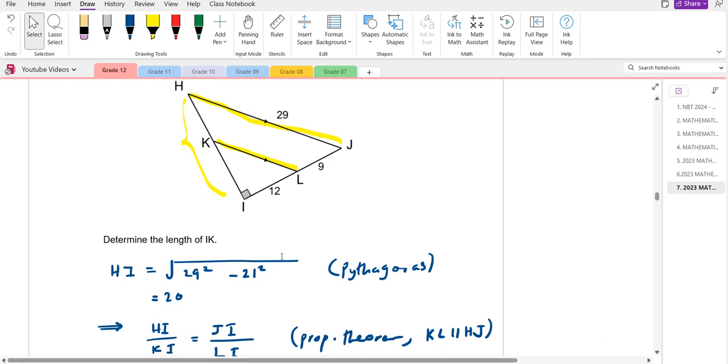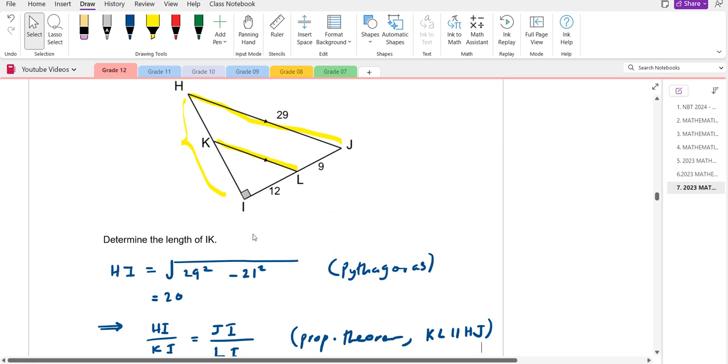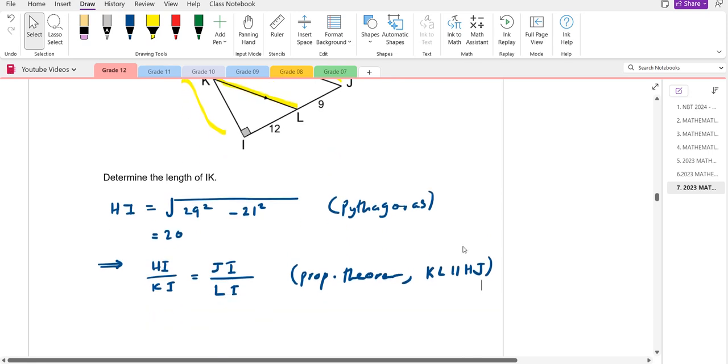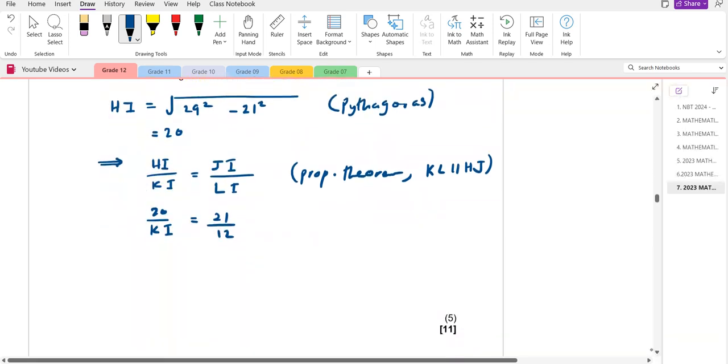Now we have all the quantities. We can just solve for KI. Right, so HI is 20. 20 over KI is equal to JI is 21 and LI is 12. So we can cross multiply and solve. So 12 times 20 divided by 21.